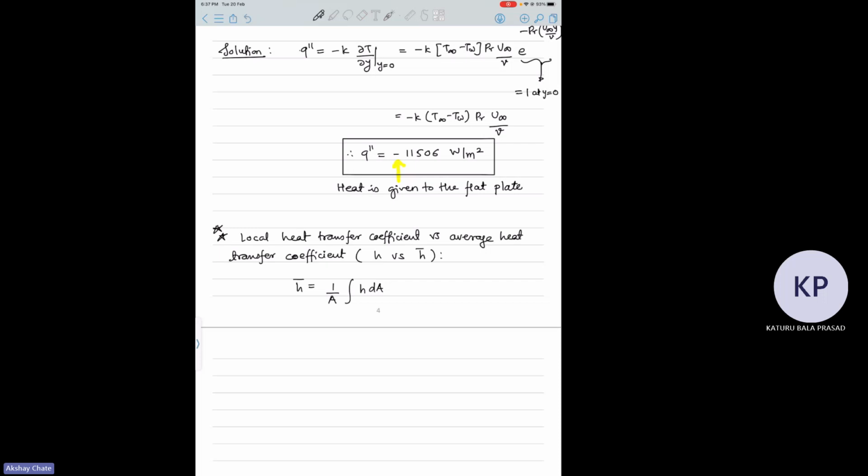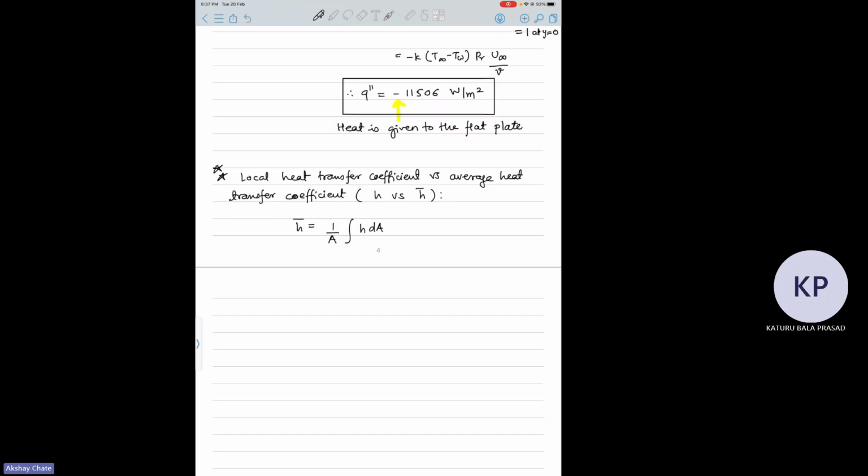Sometimes people define it something like this. They assume, let's say, some flat plate at constant wall temperature, with some boundary layer developing like this, and this is your length L. People do the energy balance.